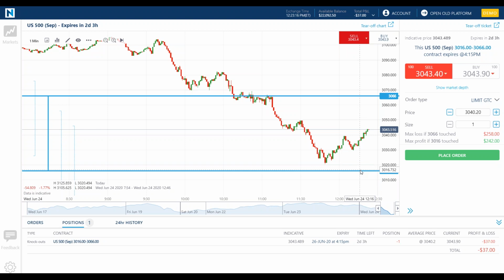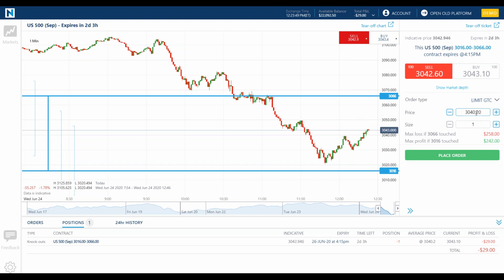Now, what happens if it doesn't touch either one of these? Now, this contract settles in 2 days and 3 hours. It's unlikely that in 2 days it will have stayed in this range, but it's possible. If it stays between 3016 and 3066 for the next 2 days and never touches either one of those prices, my profit or loss on the trade will be the difference from where it settles and where I traded.